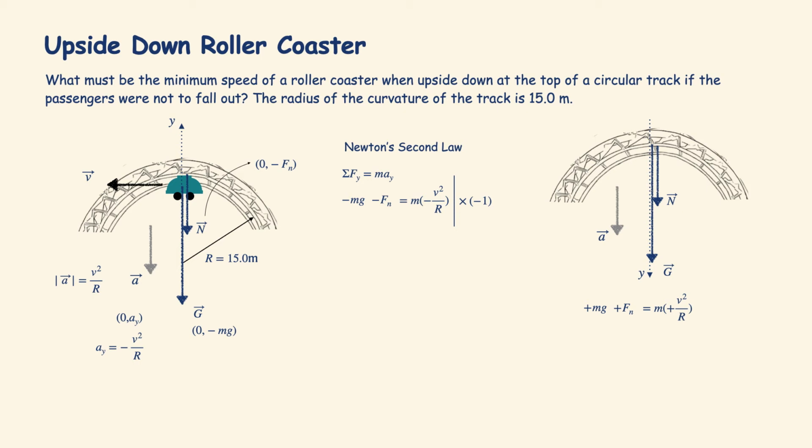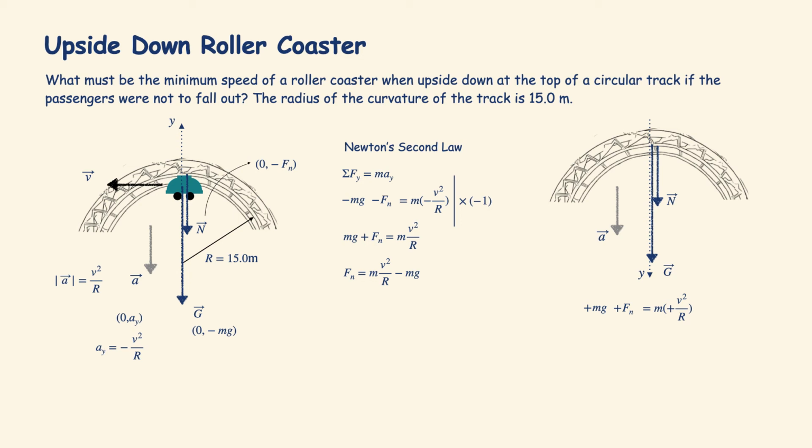I can multiply every single term here by -1, or in other words, I can cancel the minuses, so I can get mg plus Fn is equal to mv squared over r. So that's identical to the equation that I would have gotten with the opposite direction of y-axis. So anyway, the normal force here appears to be equal to mv squared over r minus mg.